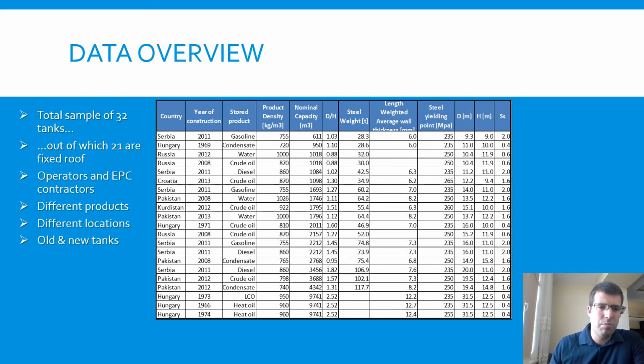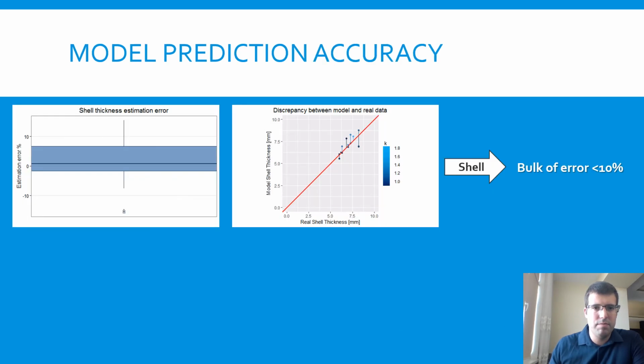They contain different products, different locations, different standards used. There are tanks here that were built in the 70s, in the 80s, in 2000s, and fairly new ones as well, from 2012, 13. So it's a very varied data set.